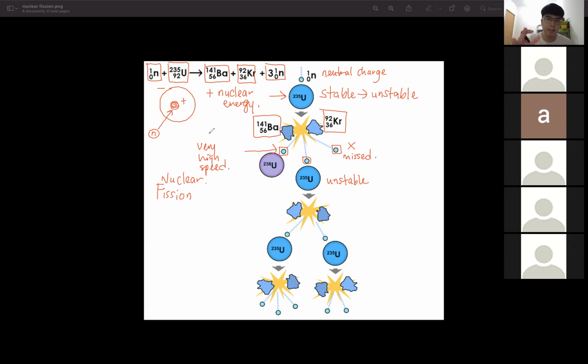If you compare this amount of energy with the normal energy that you get from a chemical reaction, it is way above it. That's what makes nuclear fission interesting. People want to do research on this because of the nuclear energy that they get out of it. They can make use of that.